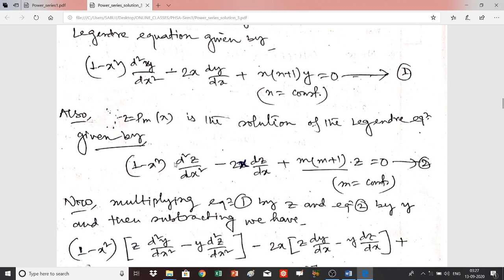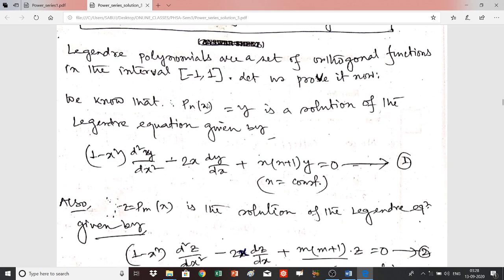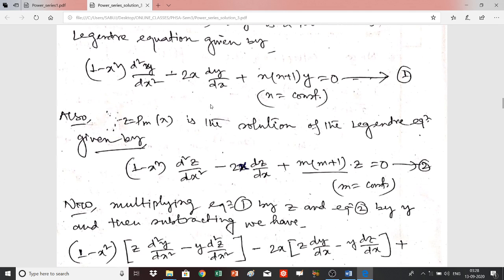So we see here two Legendre equations, 1 and 2. From one we find the solution for y, and from the other the solution for z, and these two solutions are Pn(x) and Pm(x). Now multiply the first equation by z and the second equation by y.